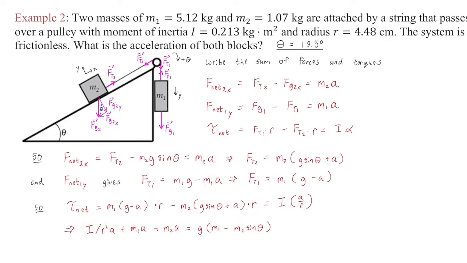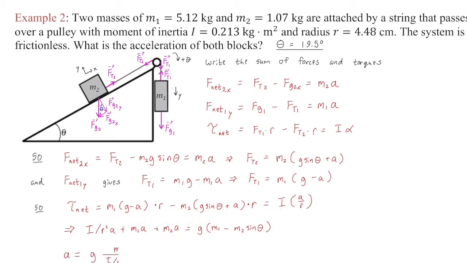Why R squared? Because I did one more thing: I divided everything by R, so this becomes R squared instead of just R. So I over R squared multiplied by a, m1 multiplied by a, m2 multiplied by a, equals everything that was left over on the left-hand side. That's just g times (m1 minus m2 sine theta), by cleaning up everything that didn't have an a in it.